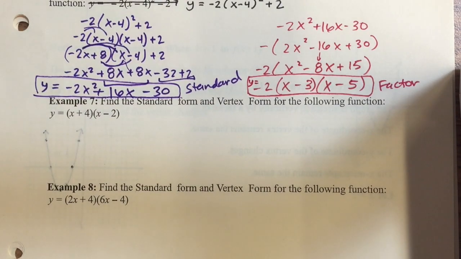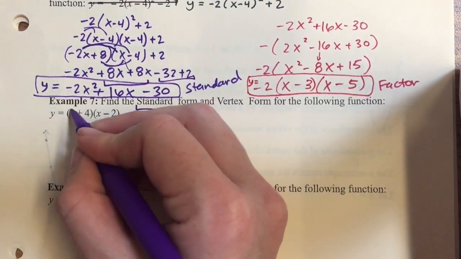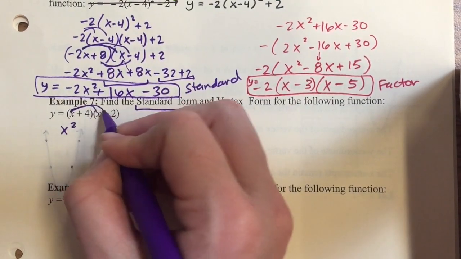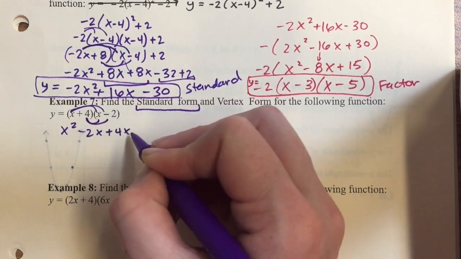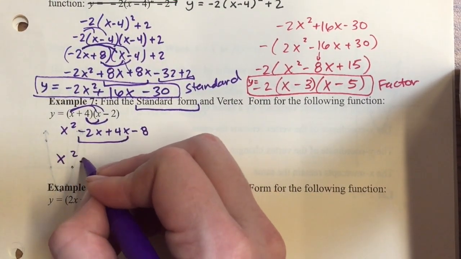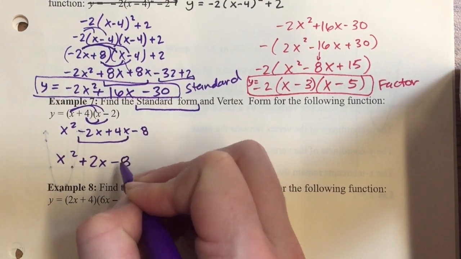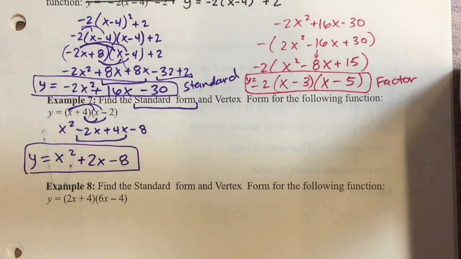On example 7, they want standard form, which means I need to get rid of the parentheses. X squared minus 2x plus 4x minus 8. Combine like terms. And that is in standard.